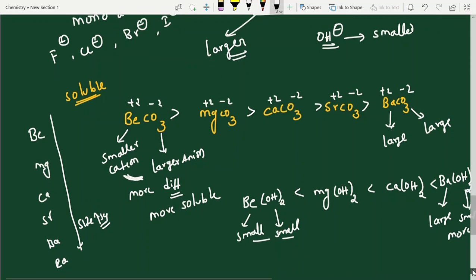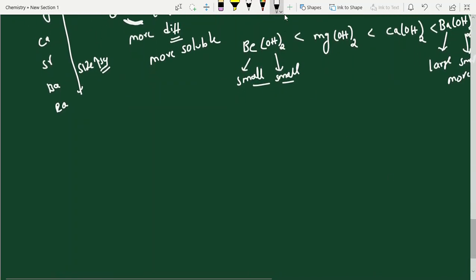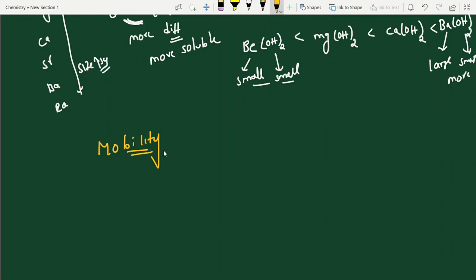Okay. Now the next question which is frequently asked: mobility. Suppose lithium plus, sodium plus, potassium plus, rubidium plus, cesium plus. Which is larger in size?